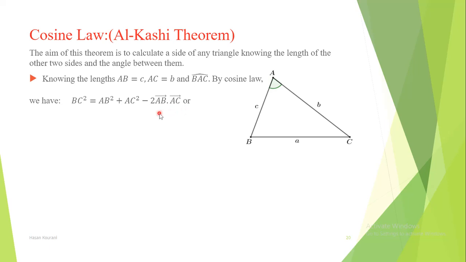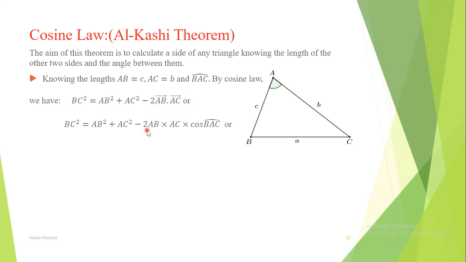This is a rule, and it has another form by using the geometric definition: BC square equals AB square plus AC square minus 2 multiplied by this scalar. Again, let me remind you that AB dot AC is a scalar, not a vector.